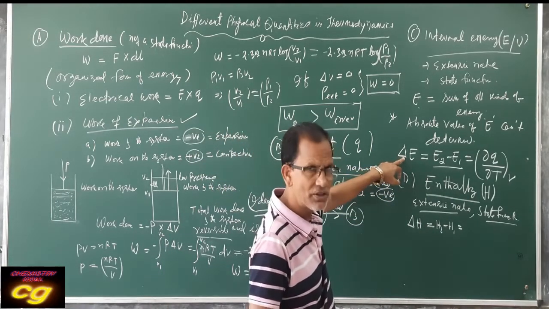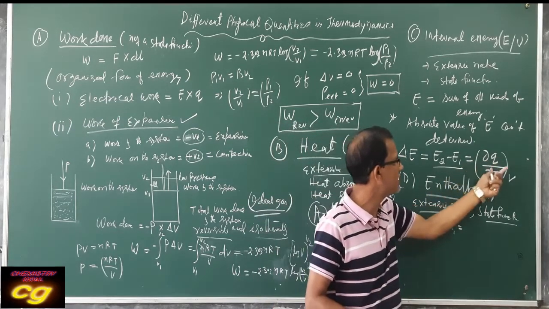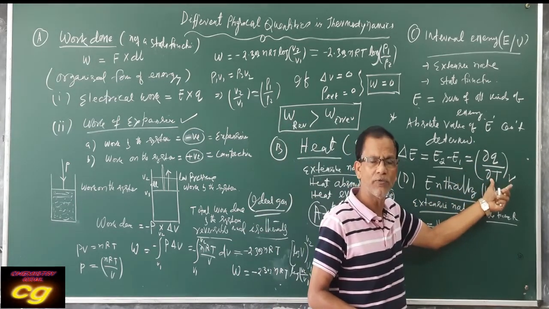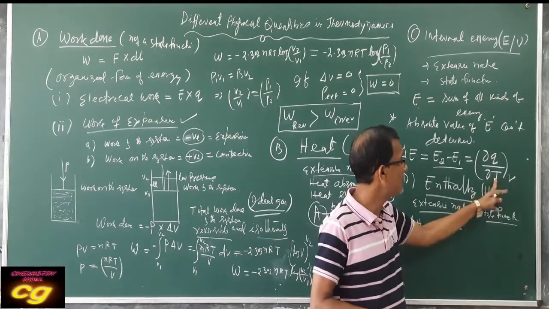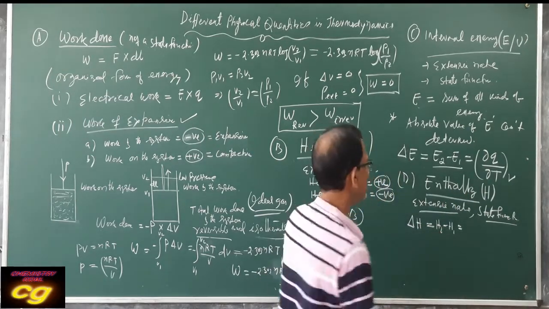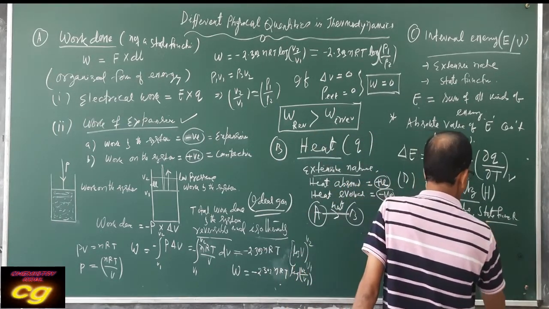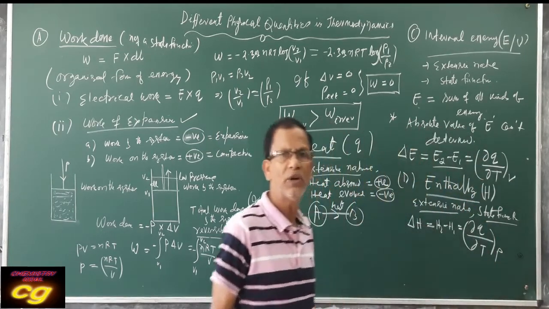Like internal energy cannot be calculated, but change in internal energy is calculated in the form of heat change for a degree rise or degree fall of temperature. Similarly here, delta Q by delta T at constant pressure. This is the main important difference.